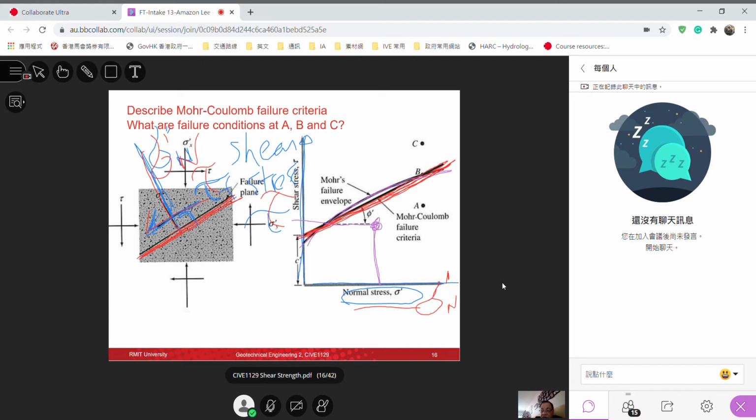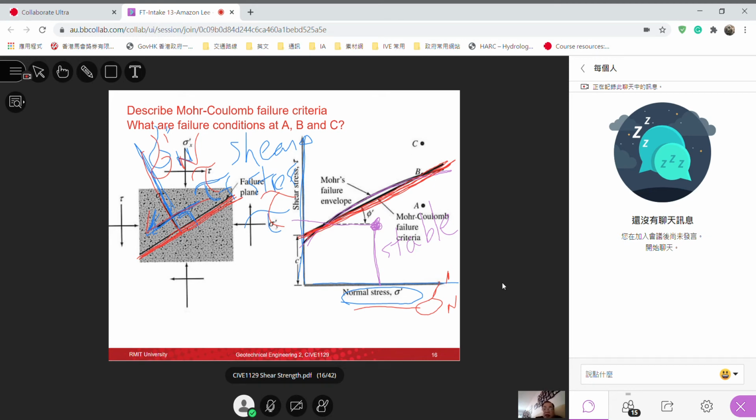As long as the stress combination is below this red line, this Mohr-Coulomb failure criteria, the soil is stable, no problem. The foundation is stable, the slope is stable, the block of soil is stable, there's no slip, no movement, no failure, because the internal friction of the soil particles is able to withstand this shear. Everything is stable.